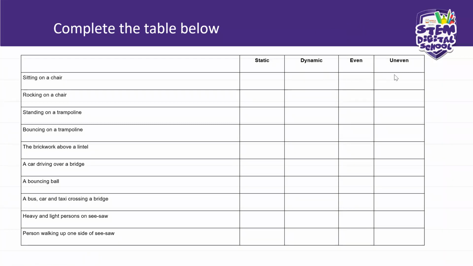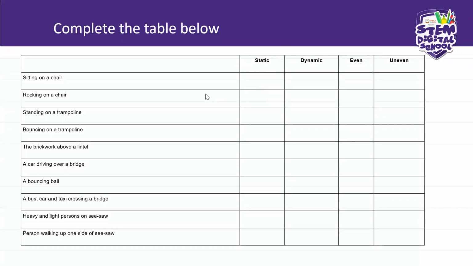Is it even or uneven? What kind of a load is it? Is it even or uneven? It's not even, it is uneven.